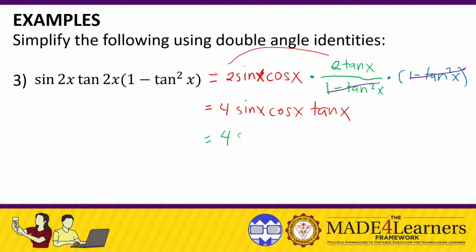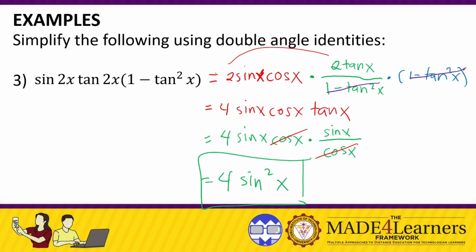So we have 4 sine x cos x times sine x over cos x. We can cancel out cos x, and we're left with 4 sine x times sine x, or combined, 4 sine squared x. And this is our answer.